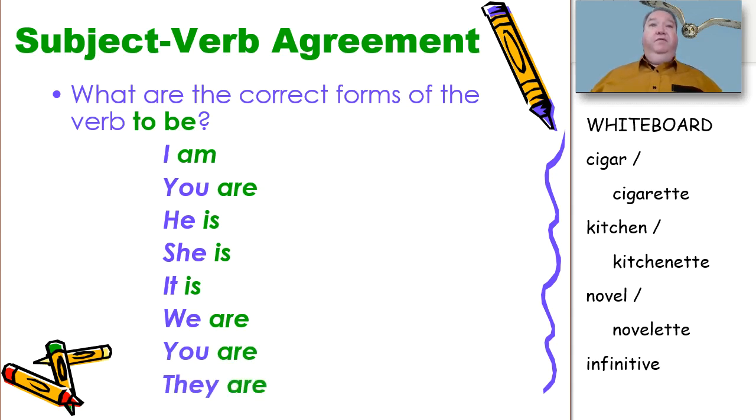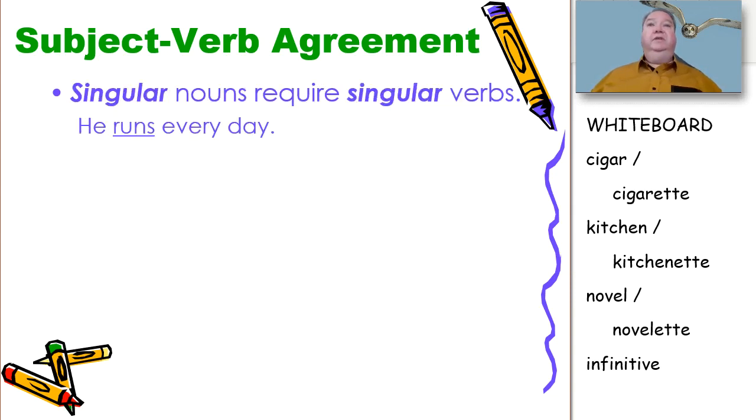These are the correct forms of the verb to be. I am, you are, he is, she is, it is, we are, you are, they are. Okay? So hopefully those all sound correct to you.